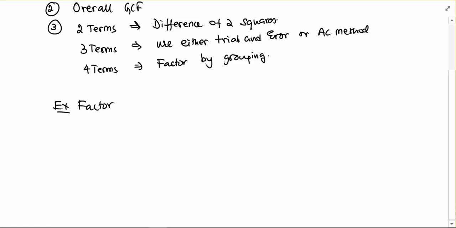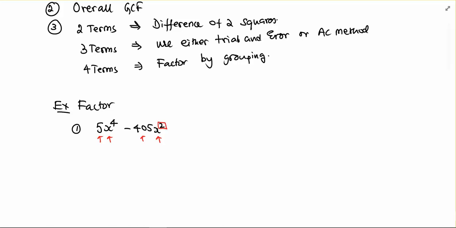The first one we'll look at is 5x to the fourth minus 405x squared. First thing I notice is it's a two-termer, and I'm looking to see if there's a GCF. 5 and 405 are both divisible by 5, and x squared is common.